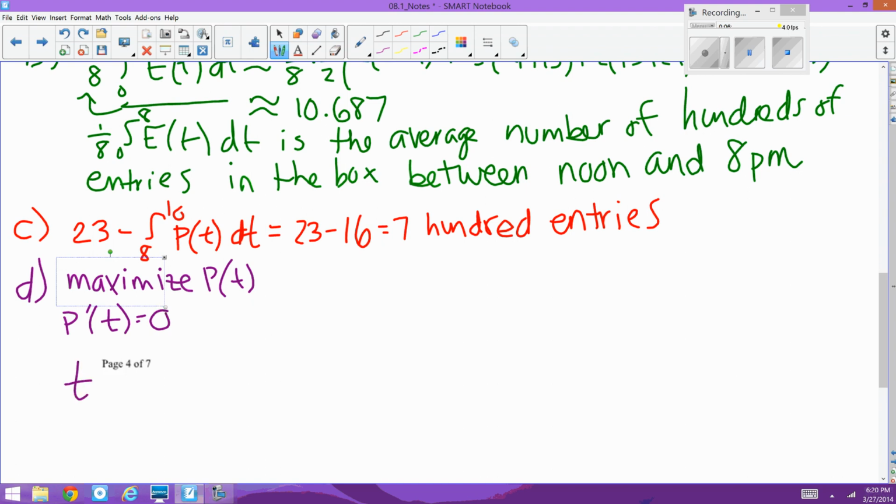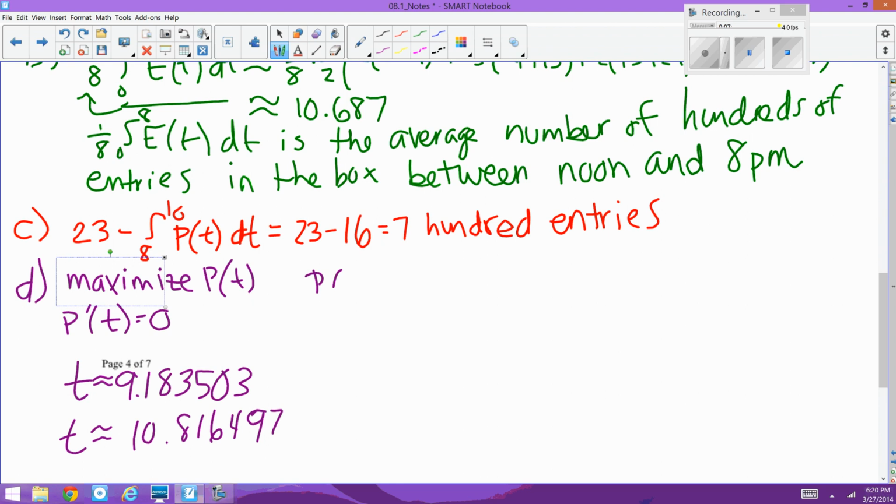But either way, you should get t is about equal to 9 point, I'm going to write out a whole bunch of decimals here because I'm going to use it again. And t is also equal to this. So remember, a critical value, a maximum, can occur at either of these critical values or also at the endpoints. So I'm going to check the endpoints here.